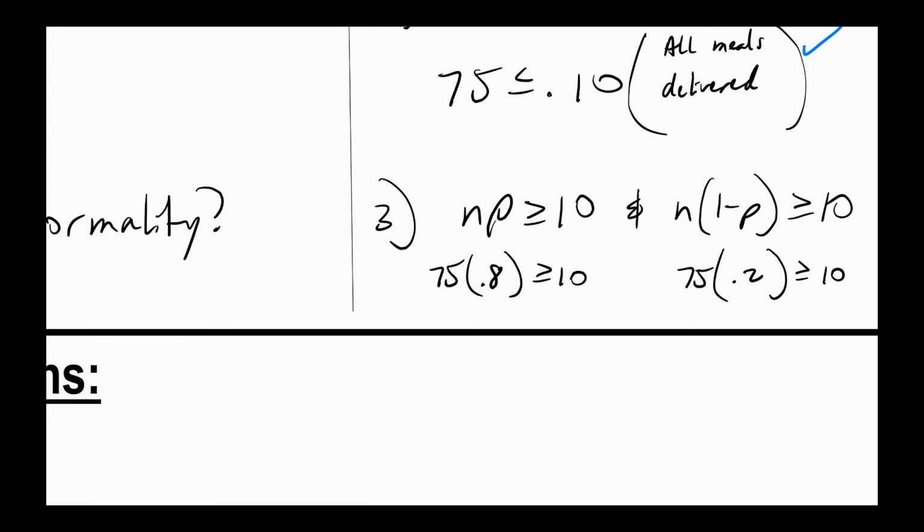So let's see. This is going to be 15 and this is going to be 60. They're both over. You're probably right, because 10% of 75 is 7.5, and if you double that, that's 15.